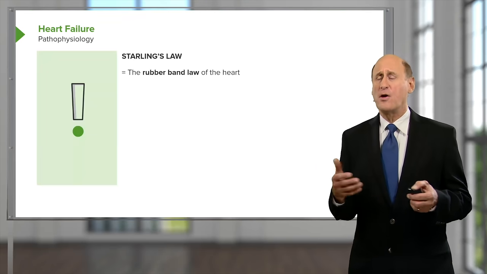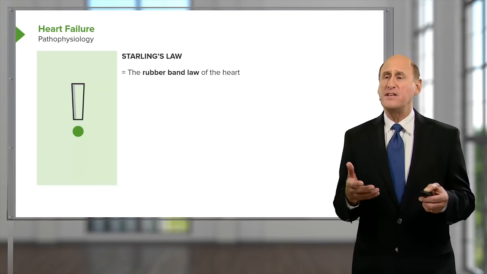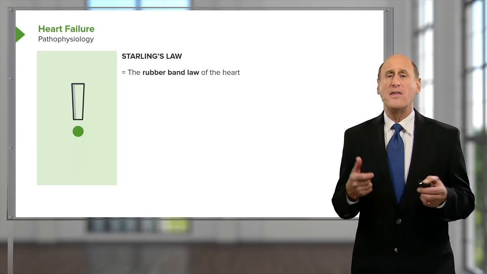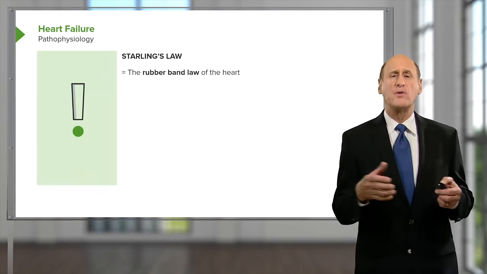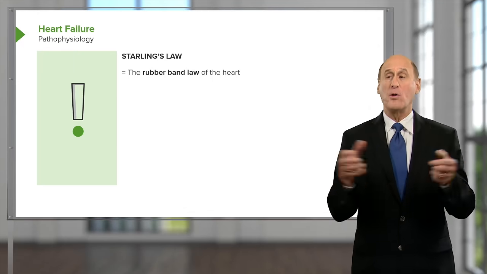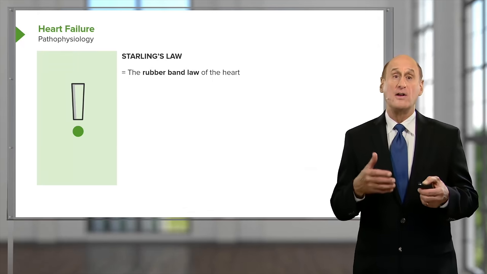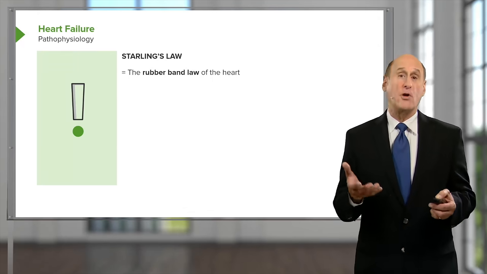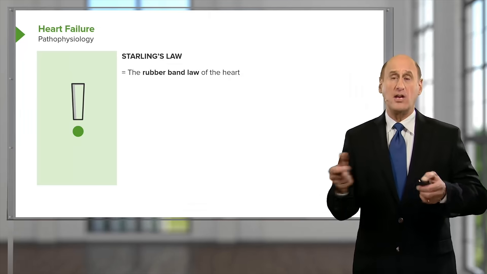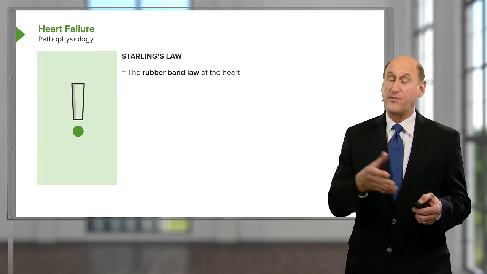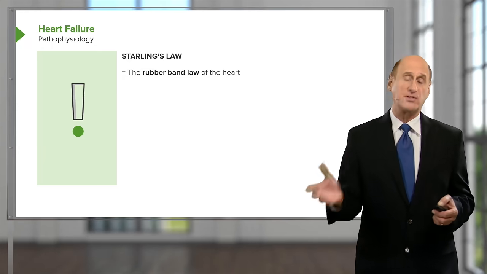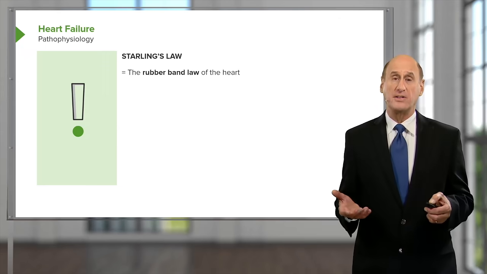Let's just talk for a moment about why these compensatory mechanisms work. They work because of something I mentioned before, Starling's law, the so-called rubber band law of the heart. The more you fill it, the more it contracts. So what the compensatory mechanisms are trying to do is to increase the filling of the heart so it will squeeze more. As I've said, unfortunately, that leads to elevated pressures that back up in the system and result in edema.